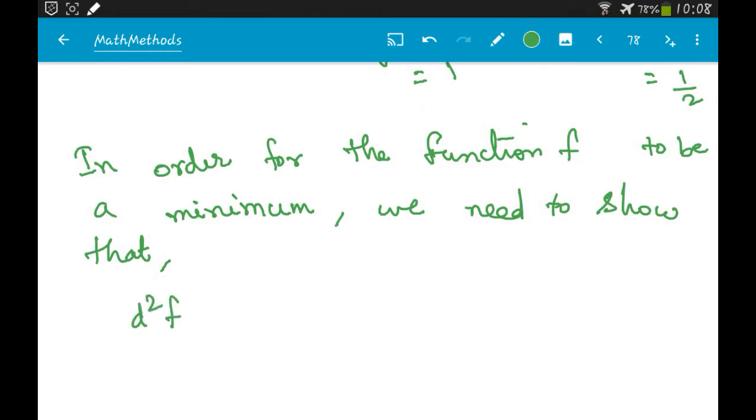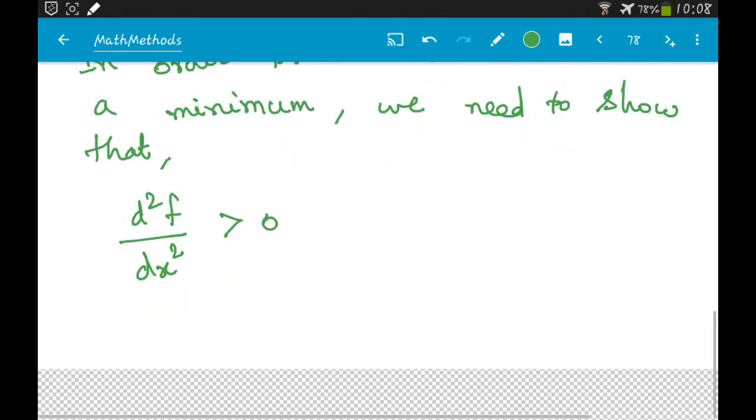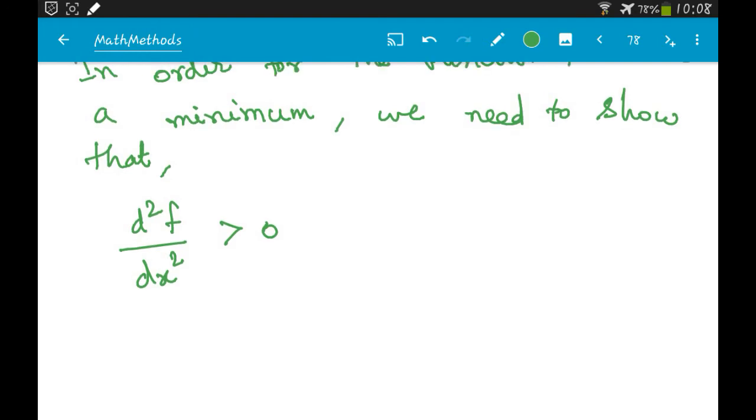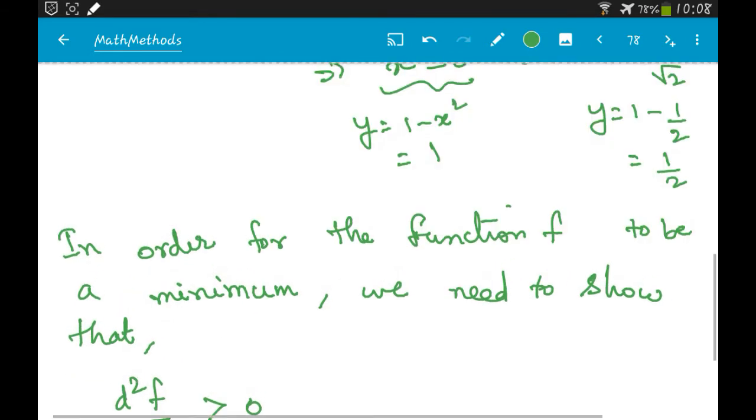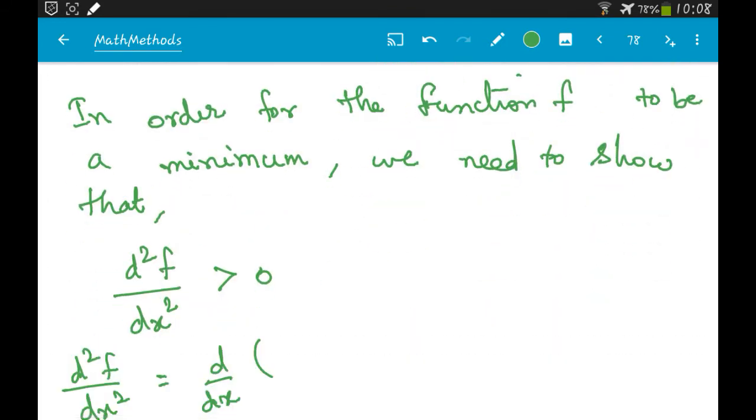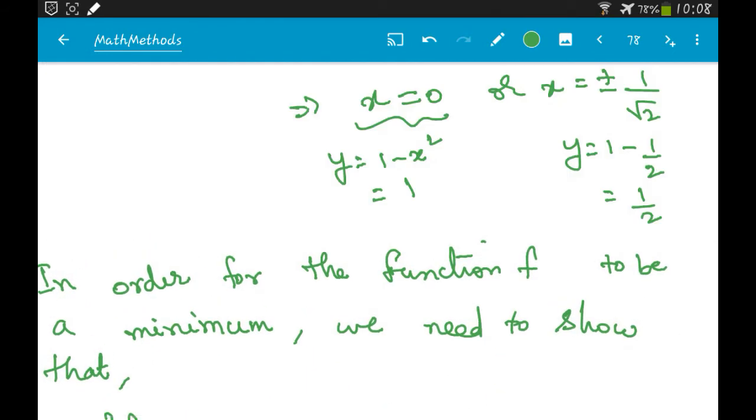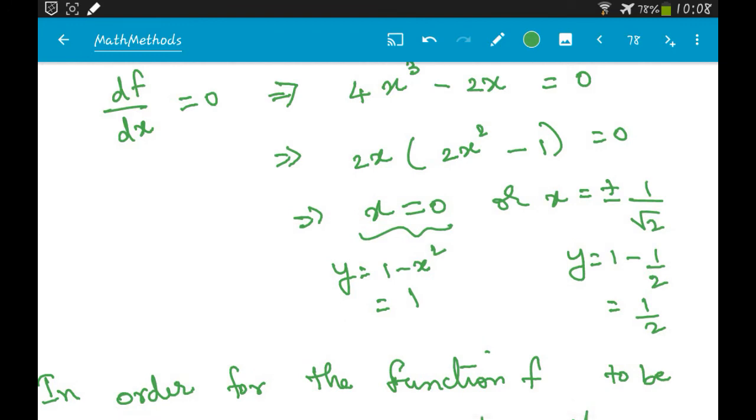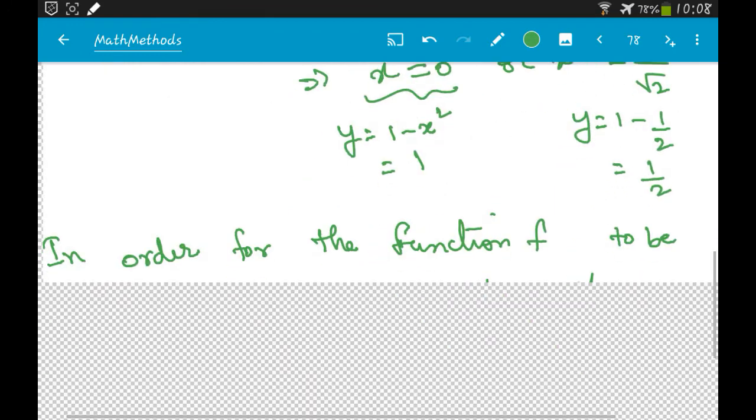That d square f by dx square has to be greater than 0. So let's find out the value of d square f by dx square. It is d by dx of df by dx. What is our df by dx? I have forgotten. It is 4x cube minus 2x.